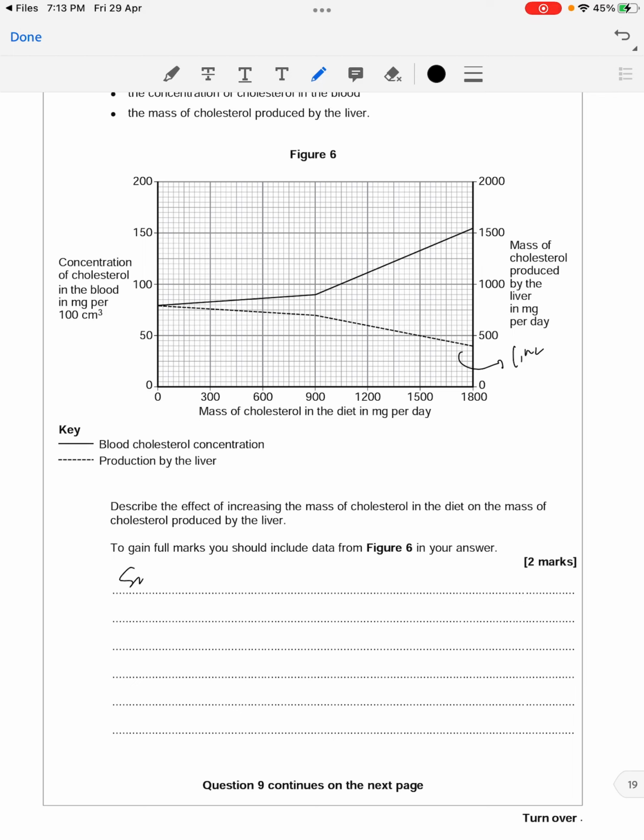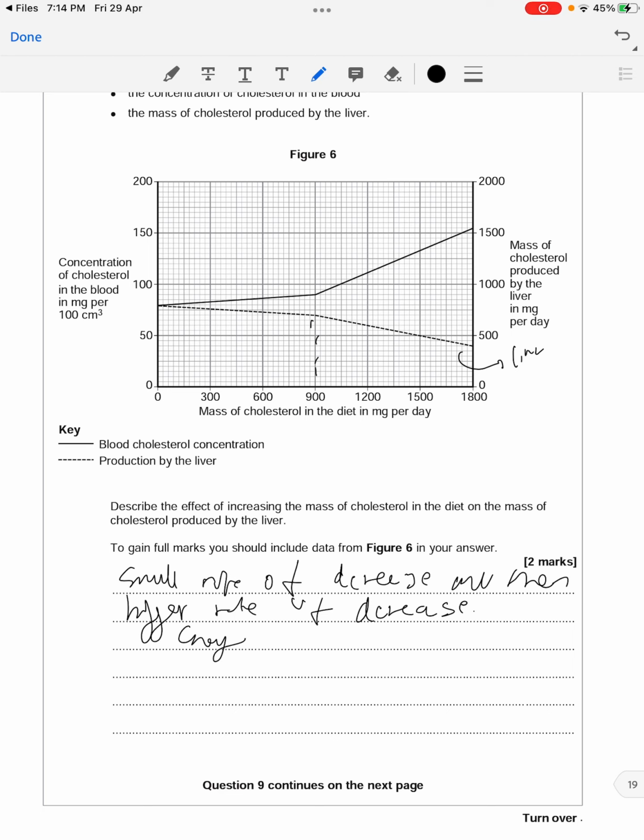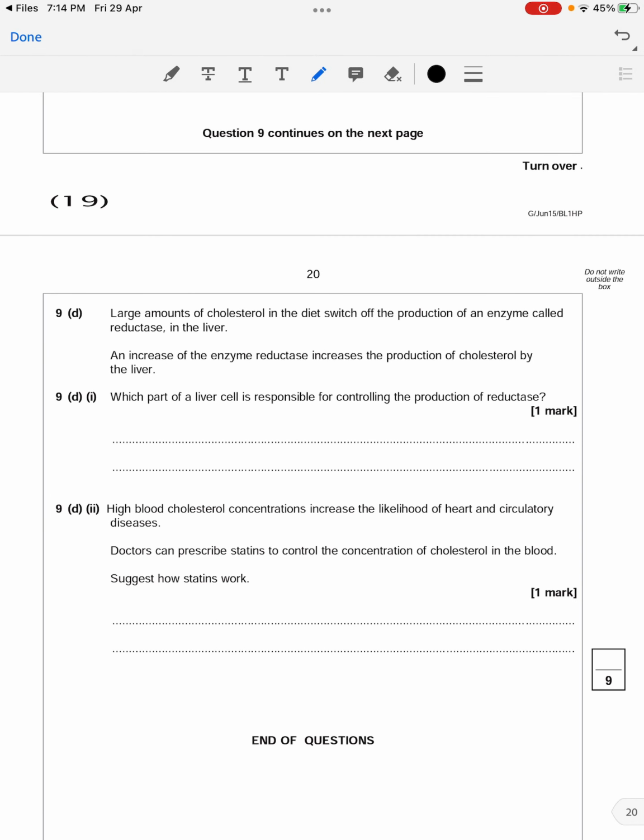There's a small rate of decrease and then a bigger rate of decrease. There's a change of rate touching at 900 milligrams per day. Okay, so that's one answer.